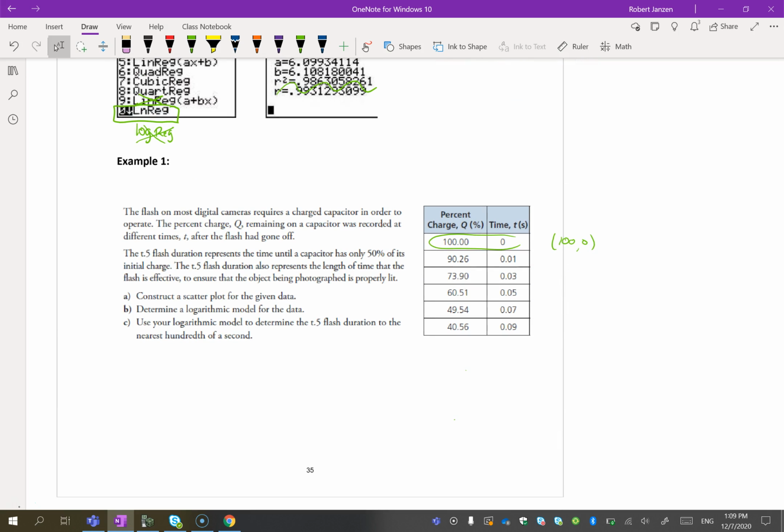It says, use your log model to determine the T5 flash duration. The T5 flash duration, so that's up here, represents the time until a capacitor has 50% charge. So we're looking for something in here. What is the time when it's at 50%?